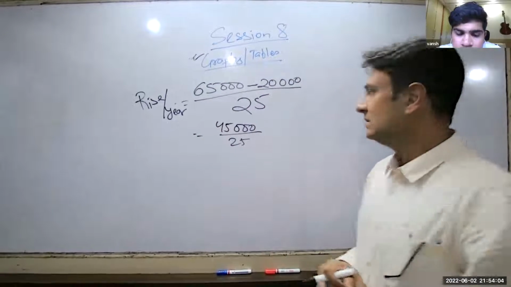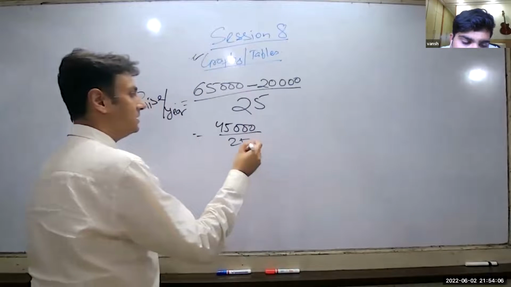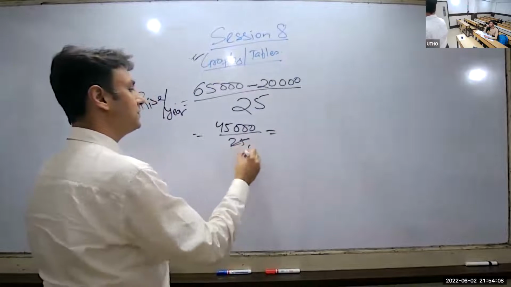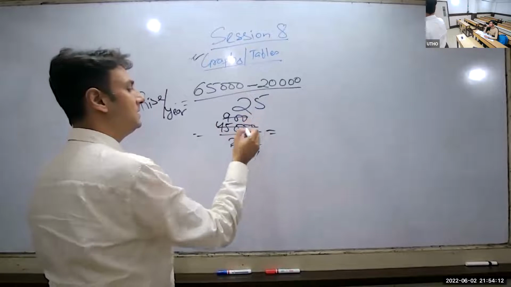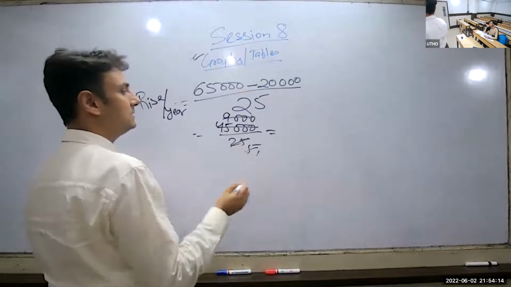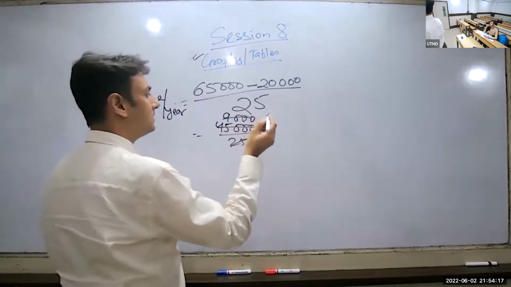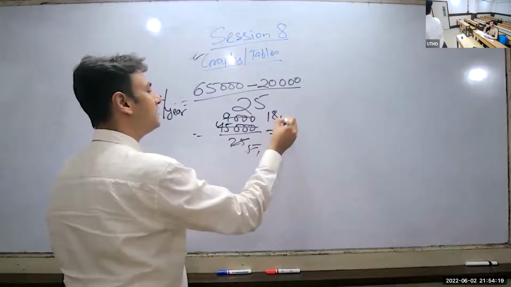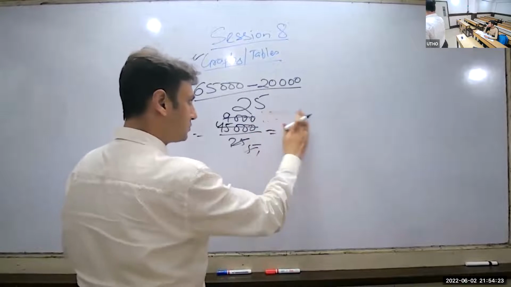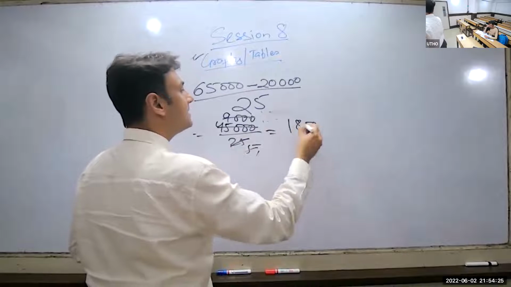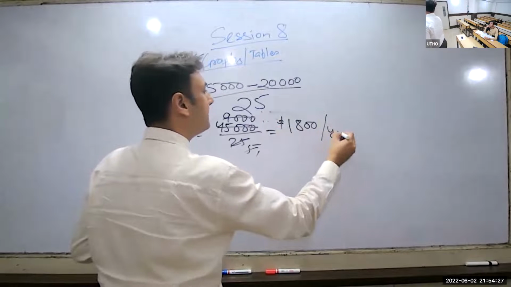So let's solve. If we solve this, this is 5, and this is 9,000. Sorry, this is 5, 1, 9, 8, 480, $1,800. So can I say rise per year is $1,800 per year?